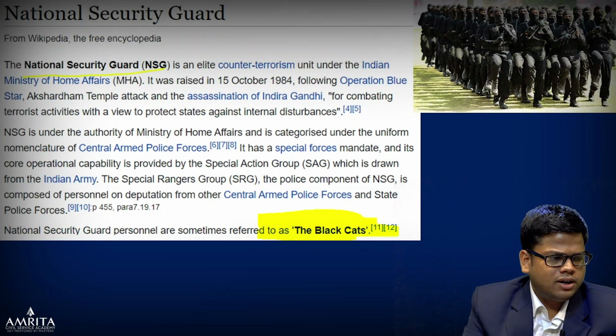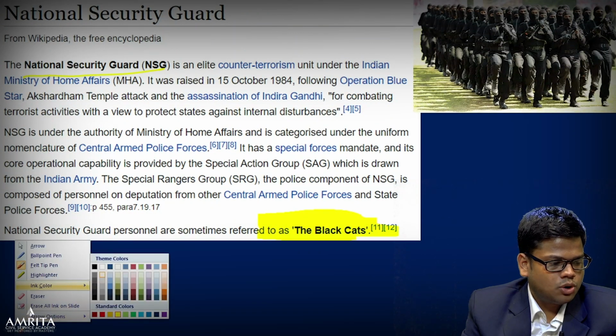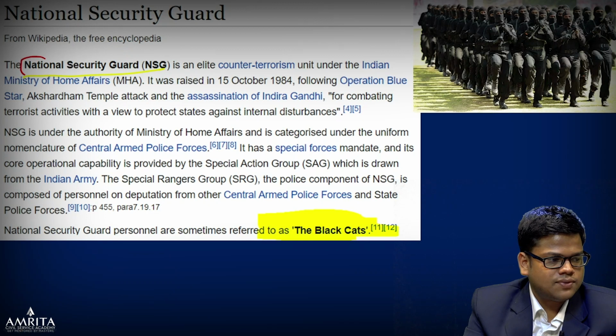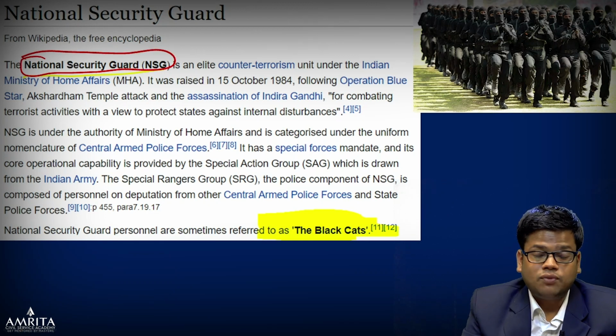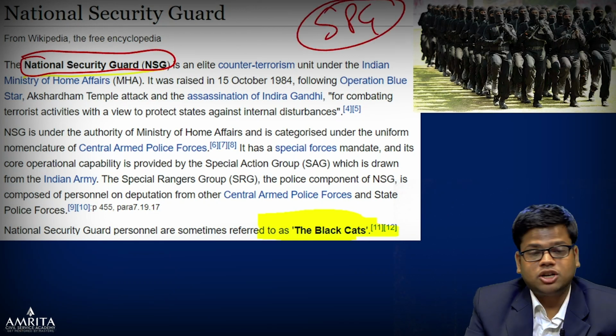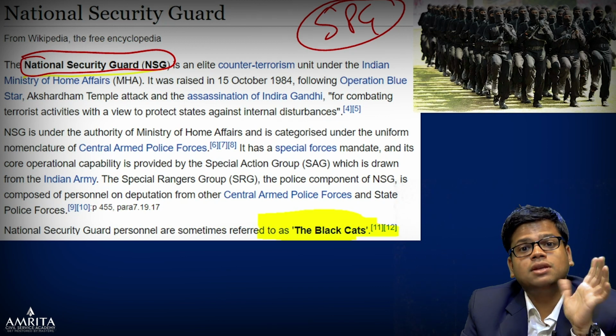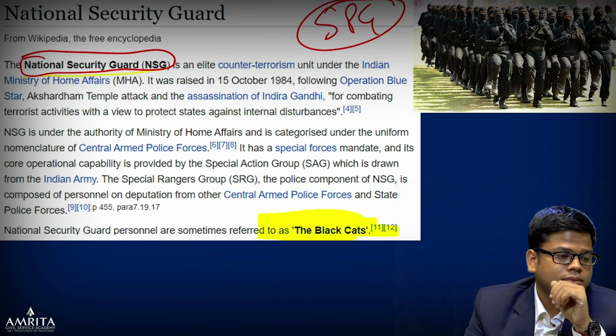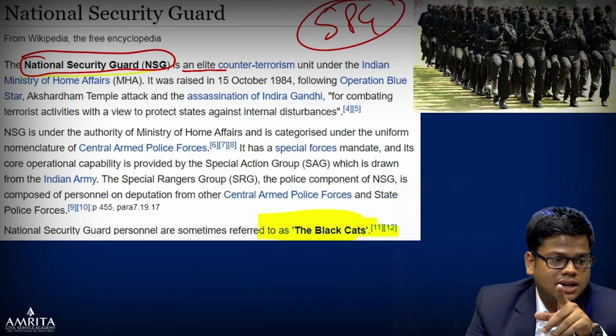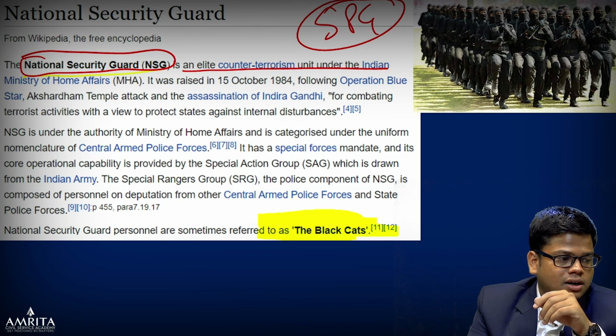So again, just to reiterate, this much information is sufficient for you. What we have discussed is the SPG, Special Protection Group amendment, already, right? That was for the prime ministers and the dignitaries. So this is the NSG, an elite counter-terrorism unit under the Ministry of Home Affairs.